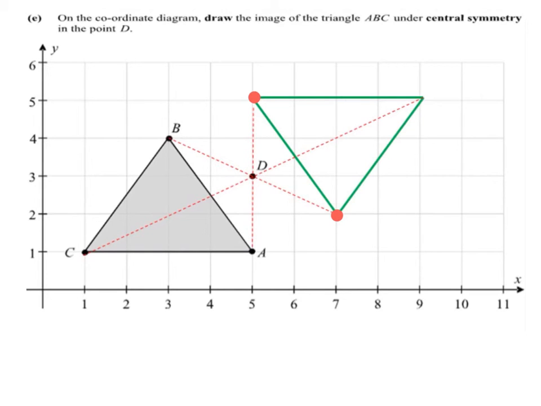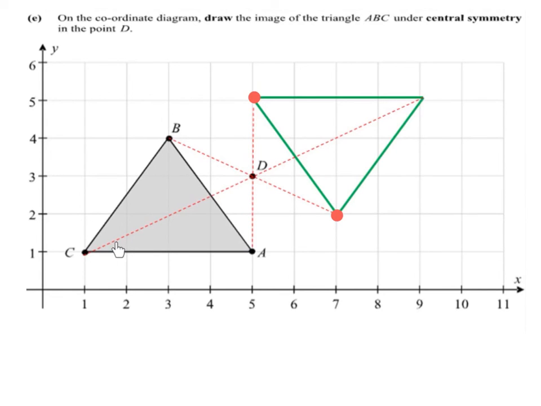And now I'm going to reflect C through D. So again, I line up my ruler with point C and point D, and I can see that I'm going diagonally through 1, 2, 3, 4 boxes. But again, it might be difficult to see, so it might be best just to measure with a ruler the actual distance in centimeters.